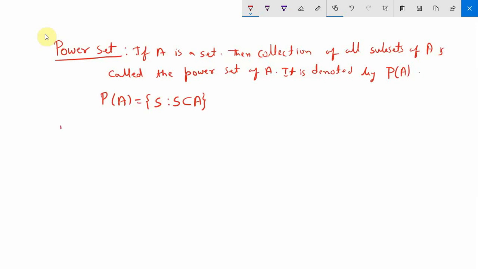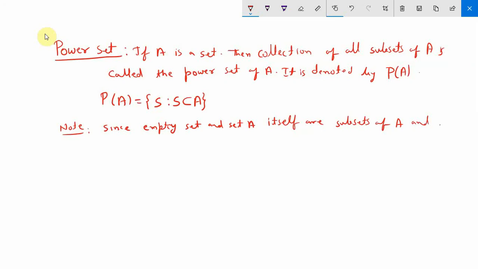We can note that since the empty set and set A itself are subsets of A, they are therefore elements of P(A).